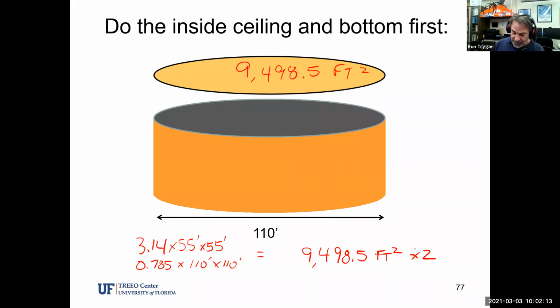So let's multiply that times 2. For total square footage, I've got on my calculator 18,997 square feet between the surface of the ceiling and the surface of the bottom floor. That's square footage done for that.